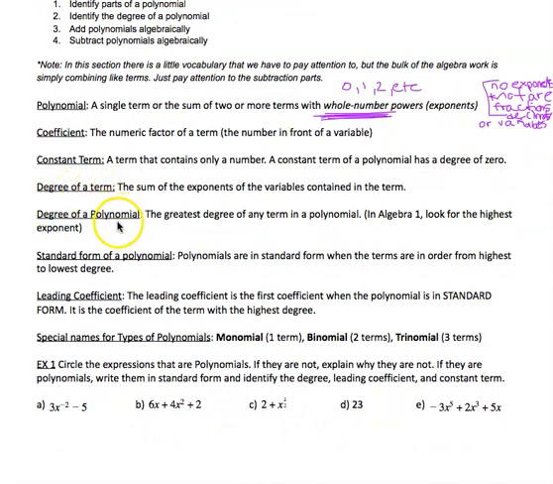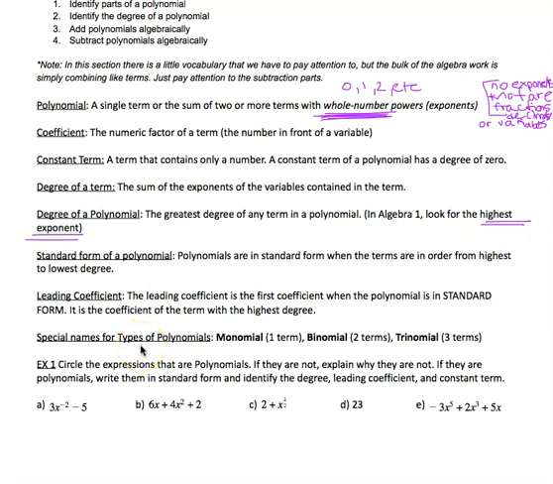When we're talking about the degree of a polynomial, that's just going to be the greatest degree of any term. So in Algebra 1, this is just looking for the highest exponent. So you're going to look at all the terms in your polynomial, find the highest exponent. That's going to be your degree.